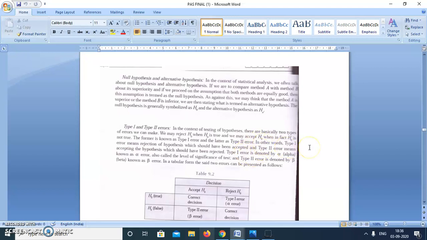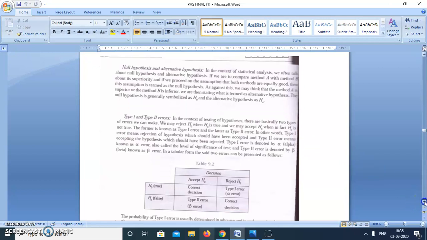And the alternate hypothesis is that there exists some difference. But if we take only one side, that method A is superior or method A is inferior, then we call it single tail. So we'll be able to understand with questions.